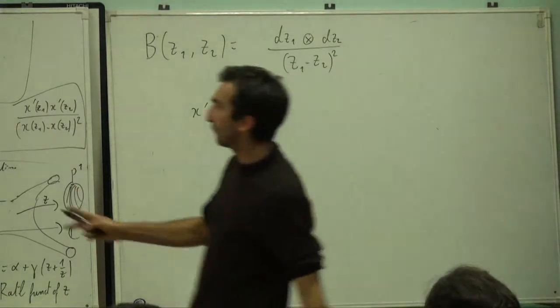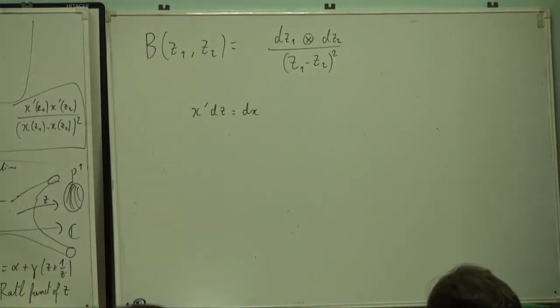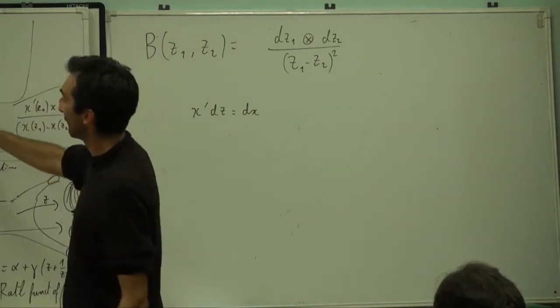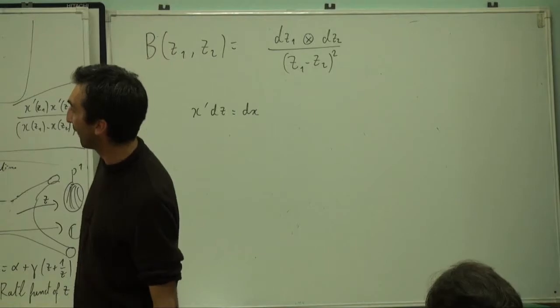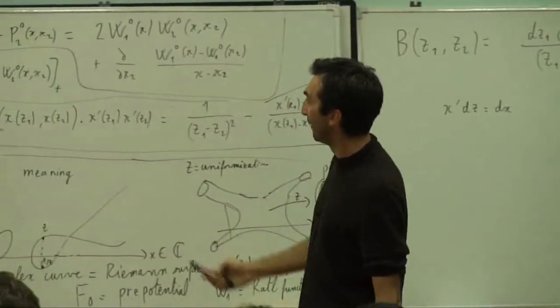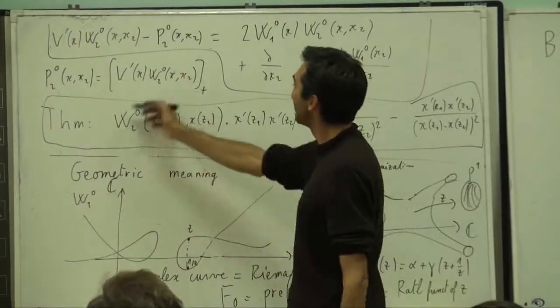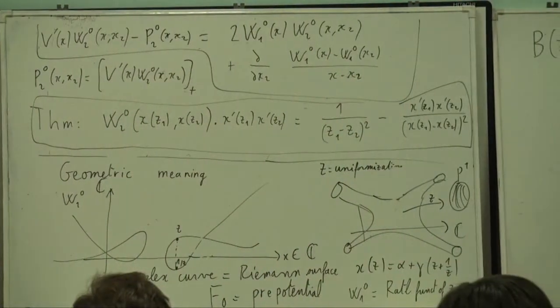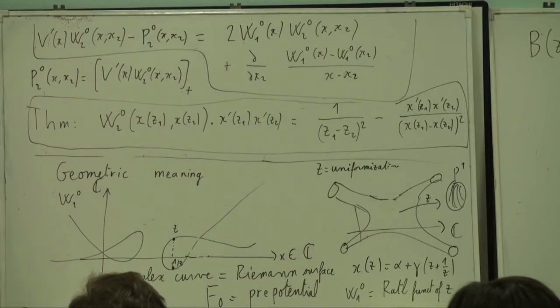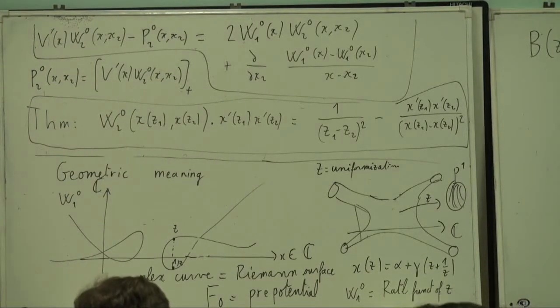So the fact that we have to multiply by x prime of z1 and x prime of z2, to get something which is somehow universal, means that when we change coordinates, this quantity changes like a two-form. So W20 is not really a function, it's really a two-form.